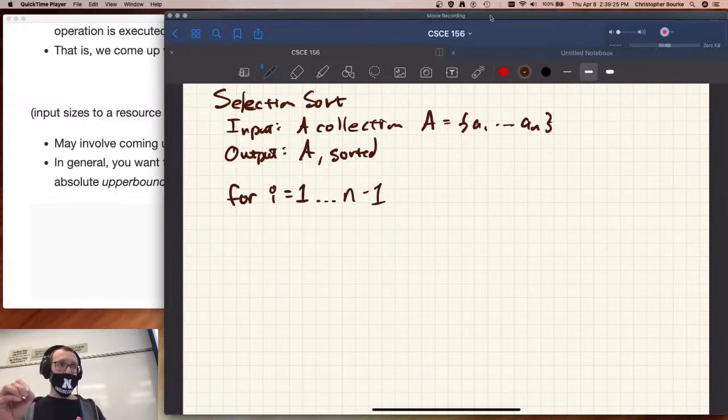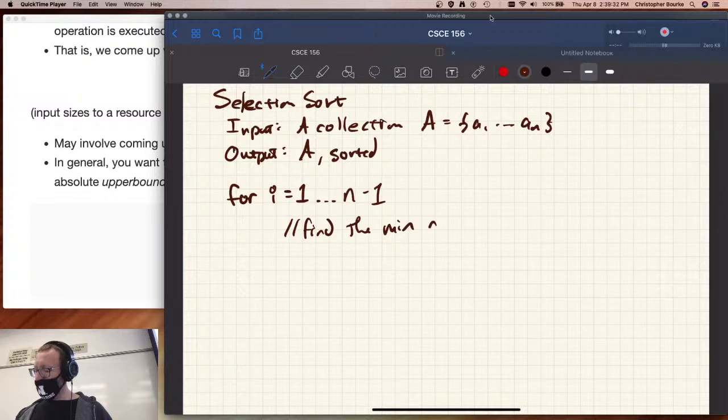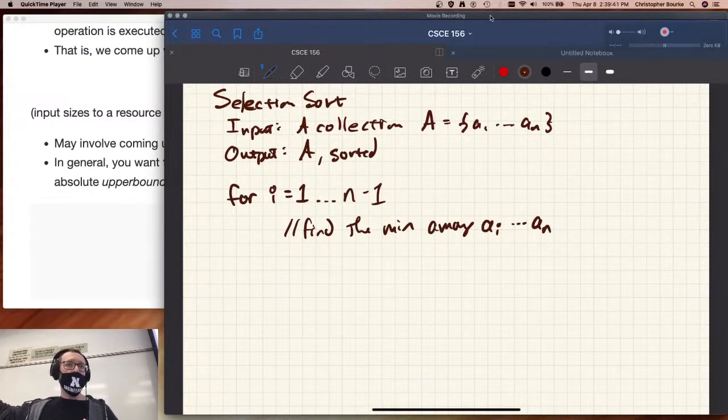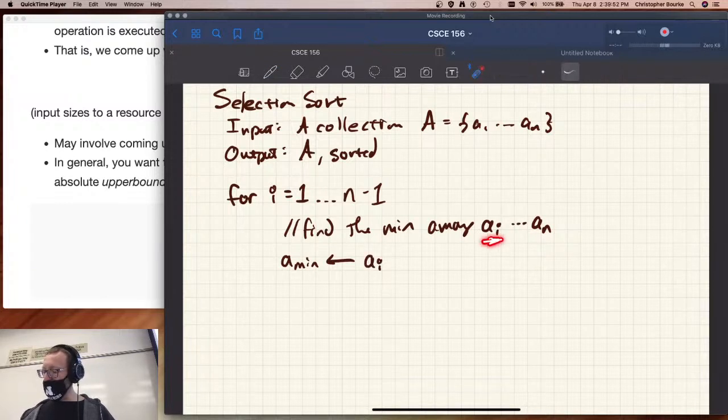Now, for each iteration, we find the minimum among AI through AN. Right? Because everything before it has already been sorted. So what I'm going to do is set my minimum, min, to be AI. Again, we're going from AI to AN, so I can start by assuming that the first one is my minimum.